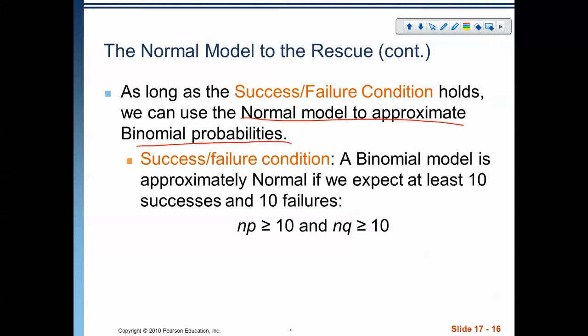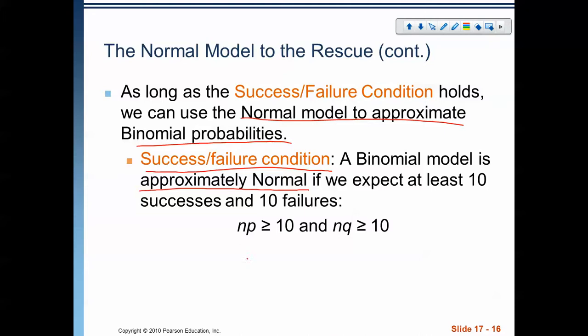And what's the success-fail condition? Get used to this one because you're going to see it a lot in the next 4 months. The success-fail condition states that a binomial model is approximately normal if we can expect at least 10 successes and 10 failures.